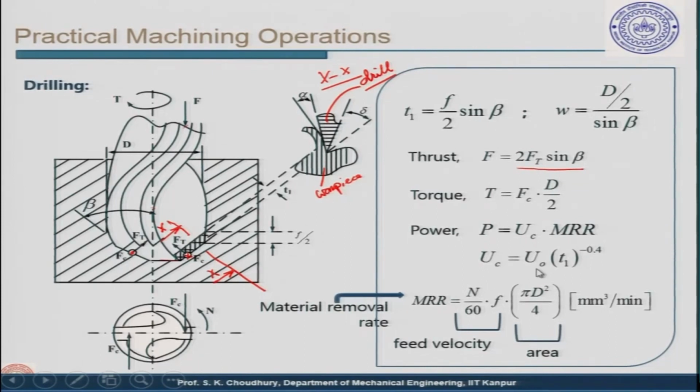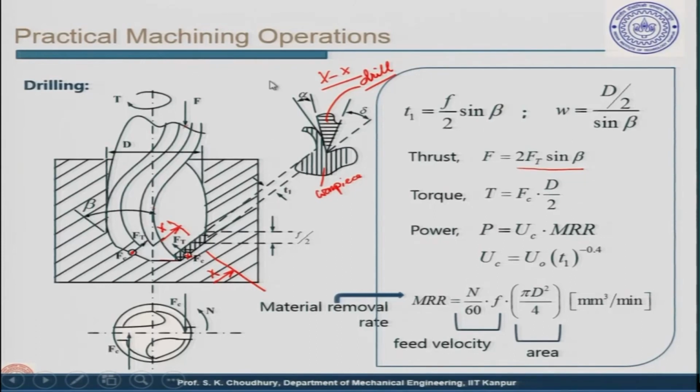Specific energy is given as U0, the specific energy constant, times T1 to the power minus 0.4, and material removal rate is given by the feed velocity, which is n into F, divided by 60 to give it in minutes, and the area. Because it drills a hole, the hole area is cylindrical, so it will be pi d square by 4, and d is the diameter of the hole or the diameter of the drill.